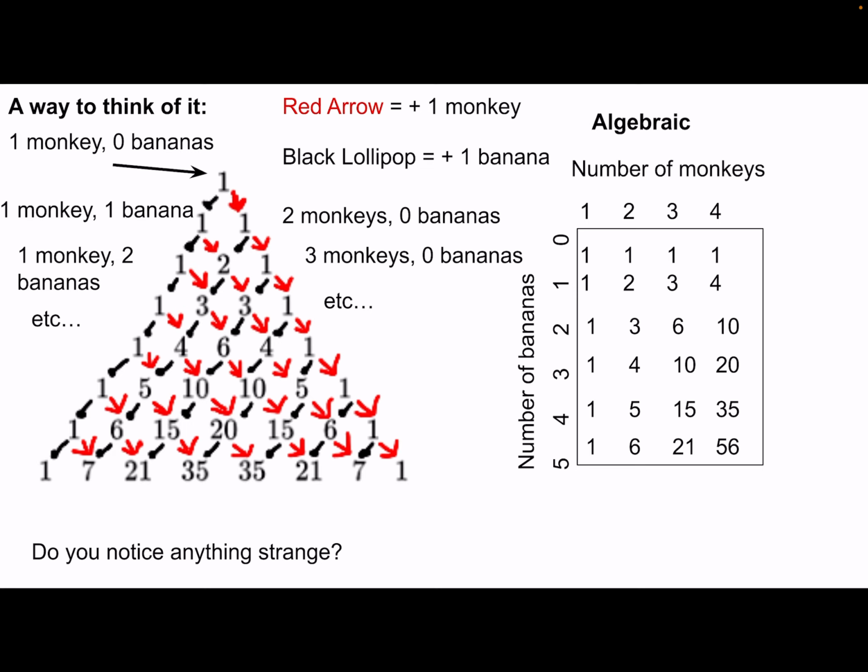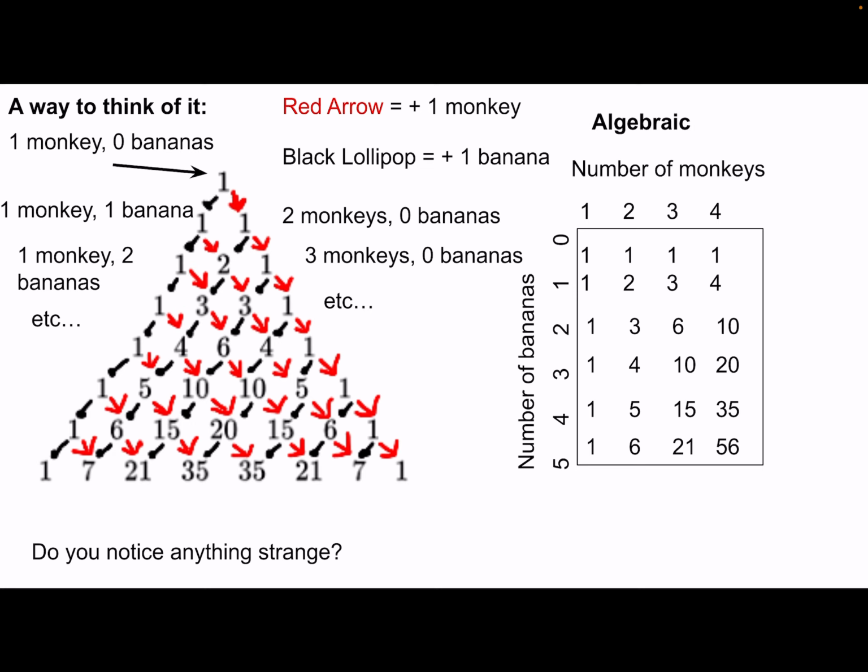Another way of thinking is algebraically. On the right, I have a table with the number of monkeys and the number of bananas. Are you noticing anything strange about this table? If you turn the table 45 degrees to its right, then you'll be able to see that it's in fact the same as Pascal's triangle.